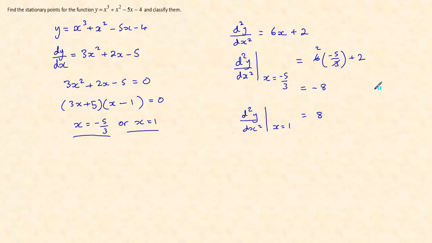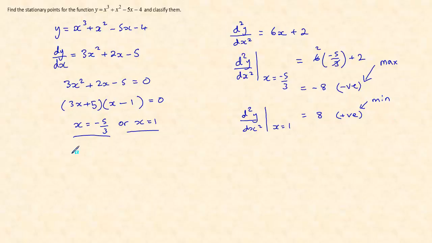Now the important thing is that this one is negative and that this one is positive. The rule with the second differential says that when it's negative, we get a maximum. When it's positive, we get a minimum.